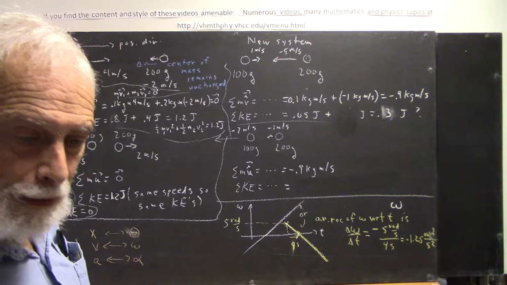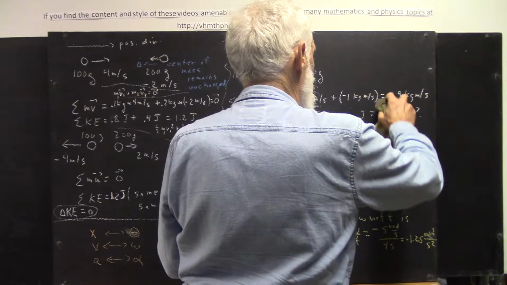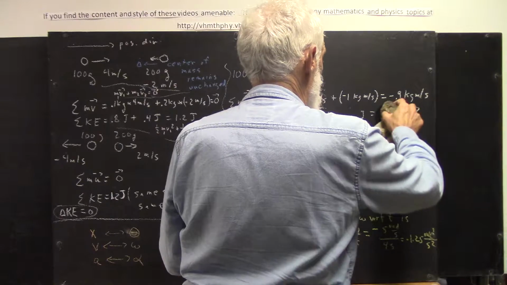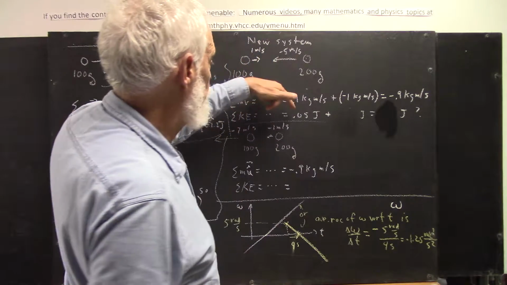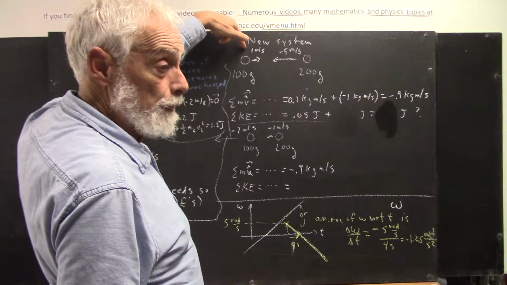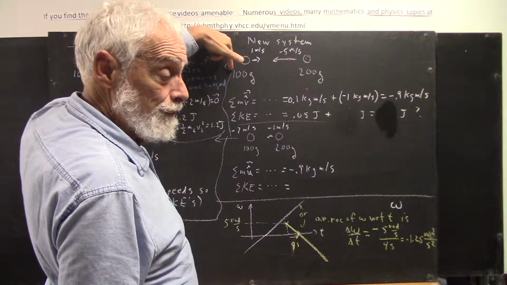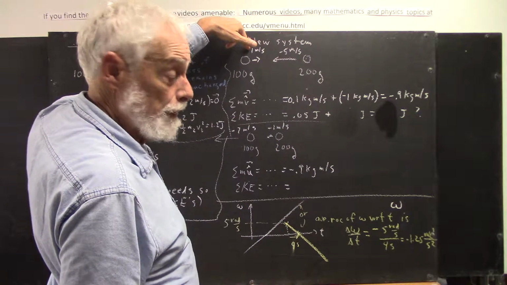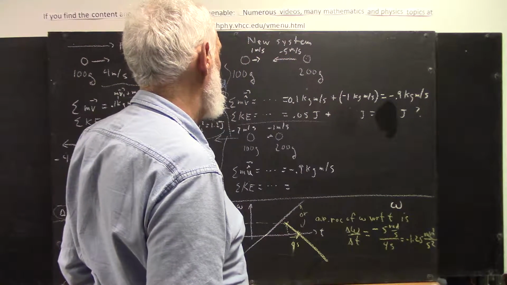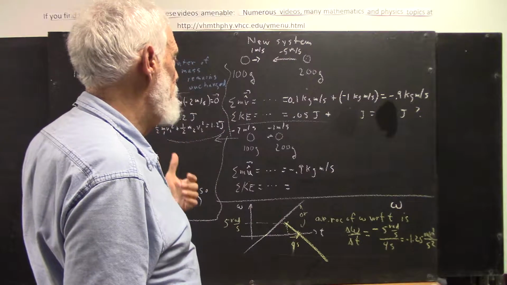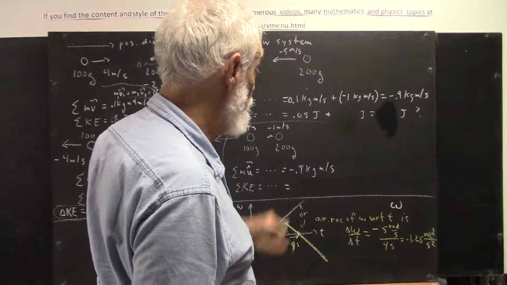Now, the kinetic energy, and I messed this up in class. I messed up on my decimal points. The kinetic energy of this object: if we square 1 meter per second, we get 1 meter squared per second squared. Multiply by the mass, 0.1 kilogram, and half of that is 0.05 joules.